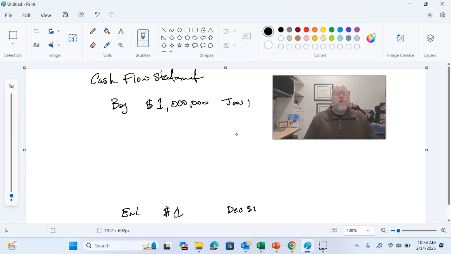However, if alternatively I started the year with $1 million and then I went out and bought some inventory, I fixed up the shop that I'm using to run my business, I bought a bunch of machinery and equipment, I bought delivery trucks. I used the $1 million to buy more assets that I'm going to use to run my business.